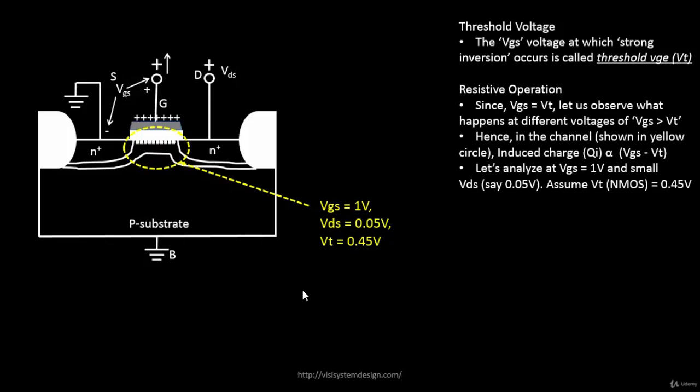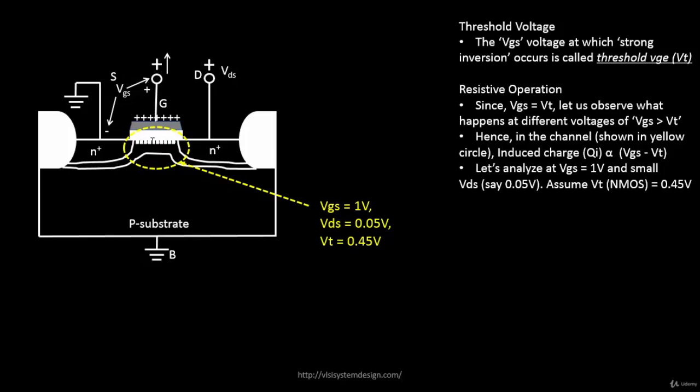So how does physics look at transistors? In this case, you have your source connected to ground, and your drain connected to VDS. So ideally, the point of your channel close to the source will be at zero potential. The point of the channel close to your drain will be at VDS potential.